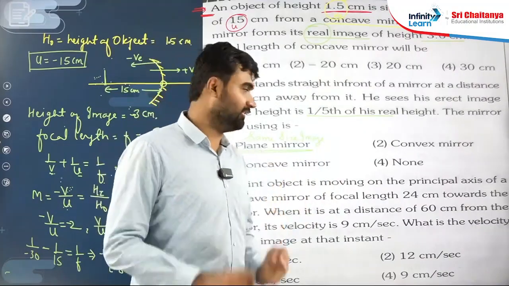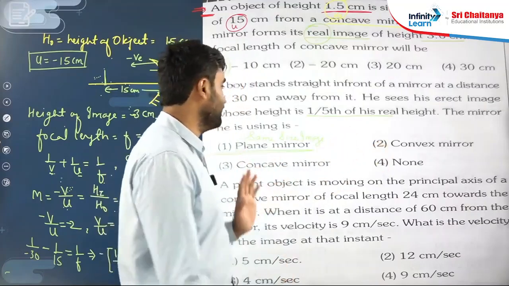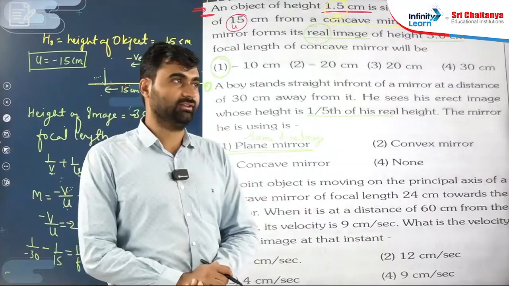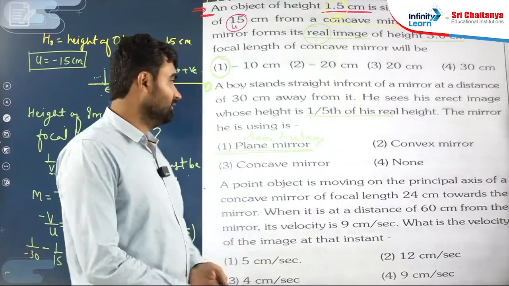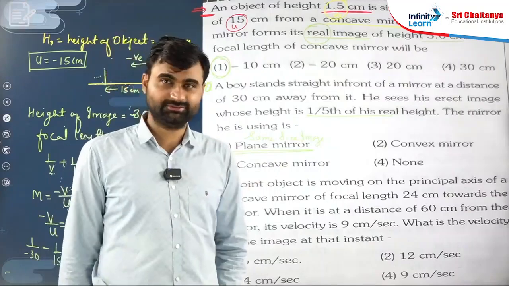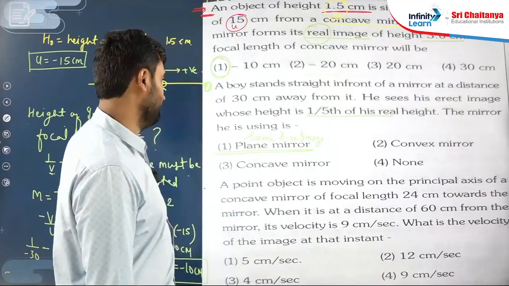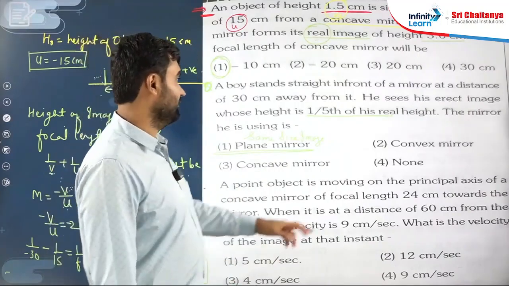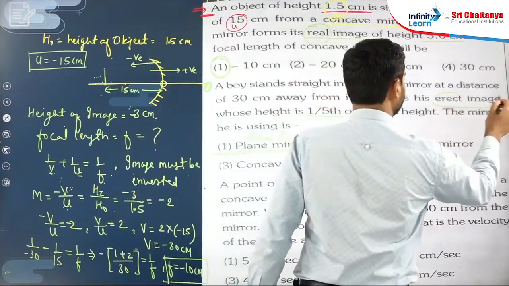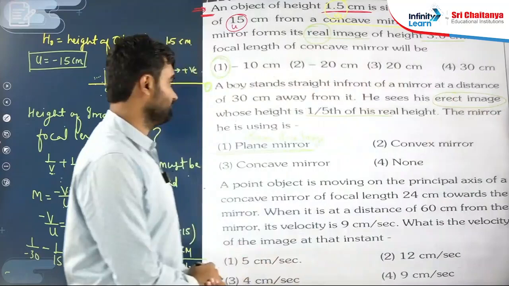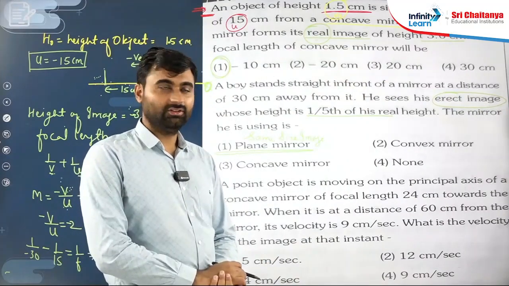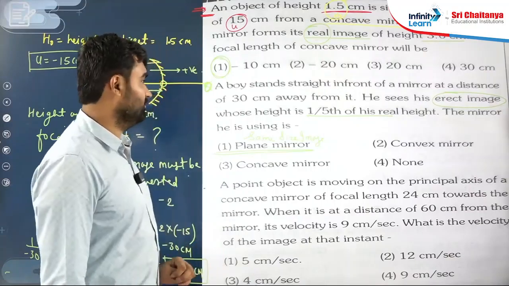Now 100% our answer can be convex or concave. Among these two options we have to choose any one. How to find out? One point is also given that the image is erect, right or not? And one more point is given, what?